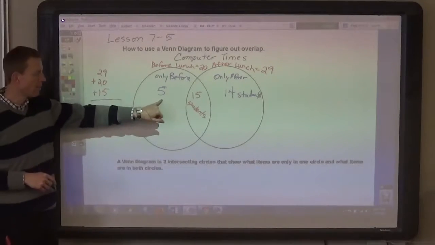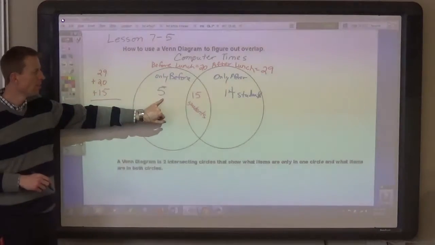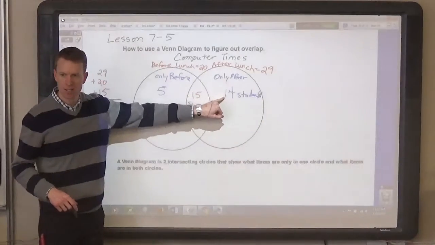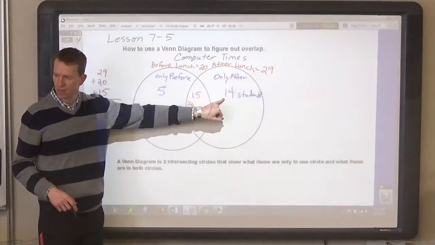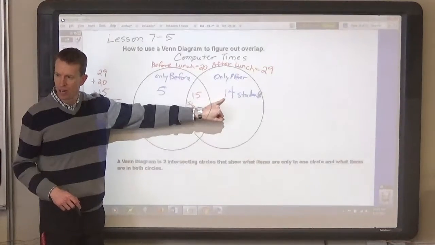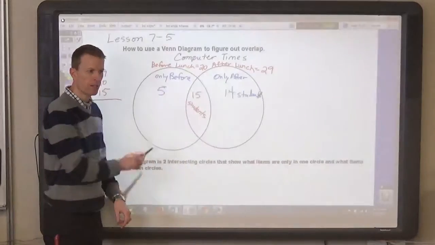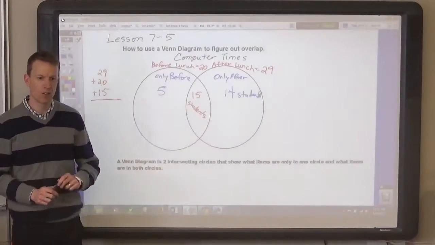And 5 of them want time only before lunch. 15 want both. And 14 want only after lunch. Alright? So this helps us to break the numbers up and fit the numbers in the correct category.